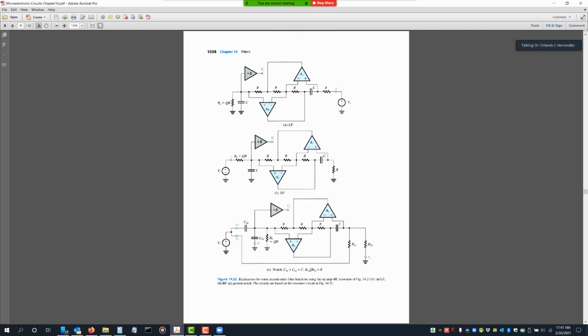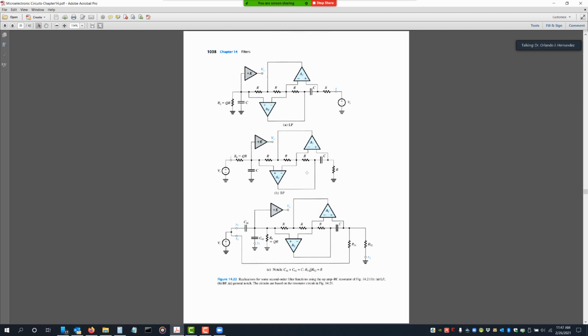If we feed the input on this side of the resistor and take the output after this scaling factor, which essentially is the capacitor in parallel with the whole inductor circuit, you get your bandpass.